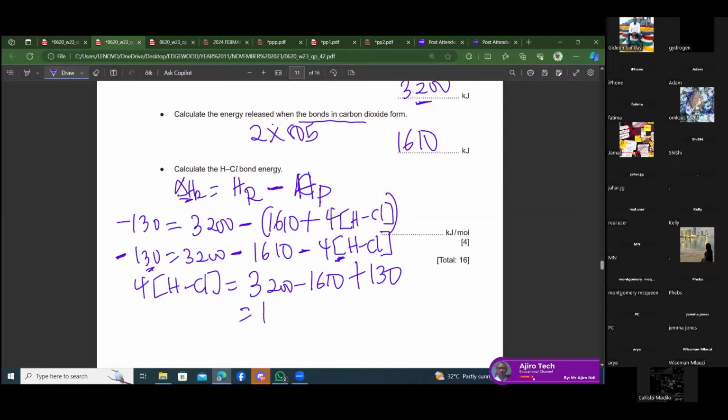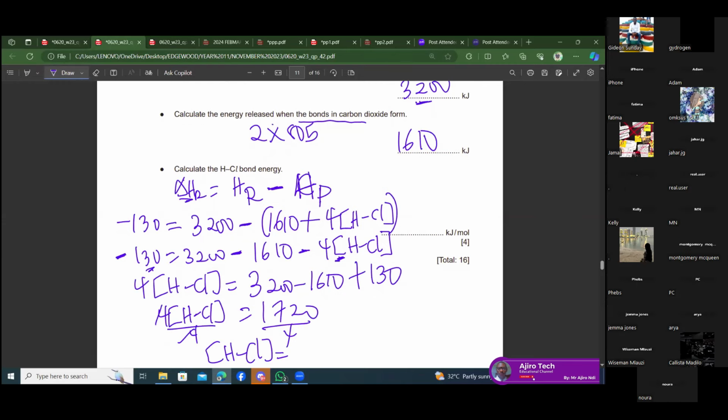So I'm having 1720 for HCl. Then I'm looking for HCl, so I can divide by 4. By the time I divide by 4, the bond energy of HCl is simply 430, so 430 kilojoule per mole. All we need to do is just put 430 here.